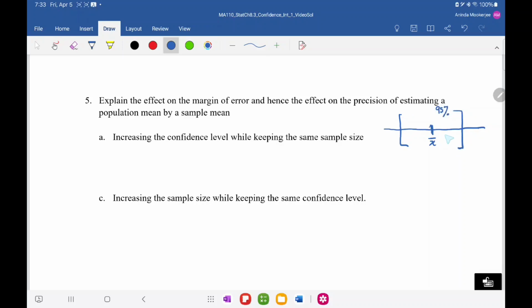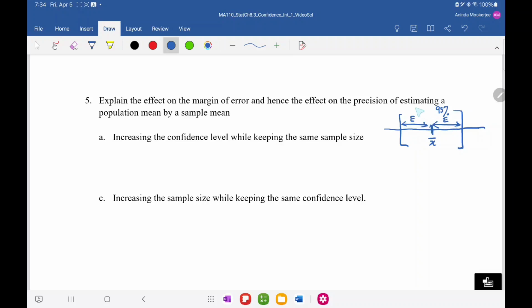The distance from X bar to each end of the interval is our margin of error E, correct? This is what the margin of error is.